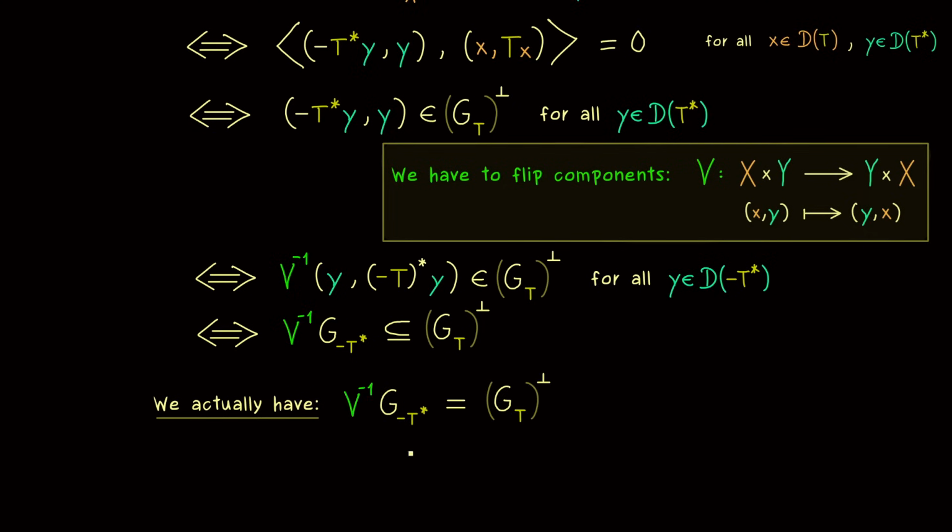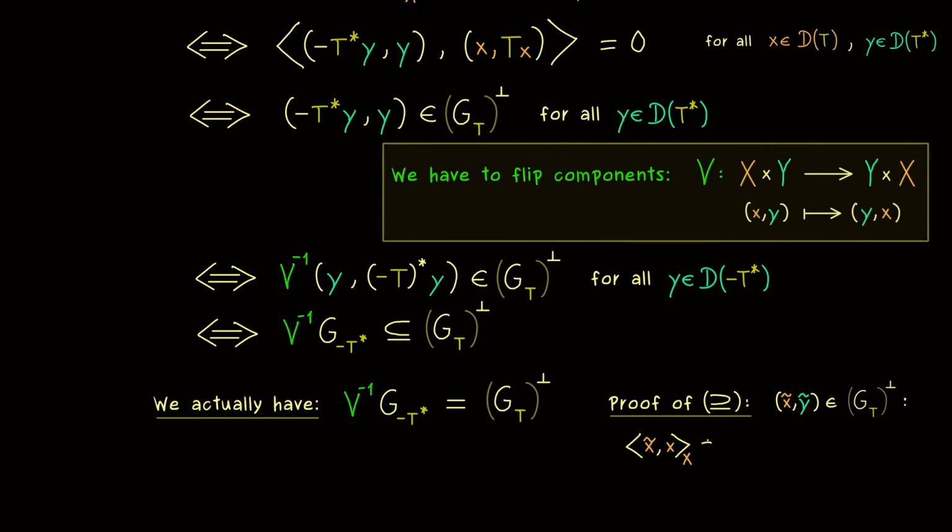And now if you want, we can also quickly explain the proof of the other set inclusion. There you would take an arbitrary element from the right hand side, so an element from the orthogonal complement. And to keep it simple, let's say we have x tilde and y tilde. And since they are in the orthogonal complement, we know that the inner product in x times y is equal to 0.